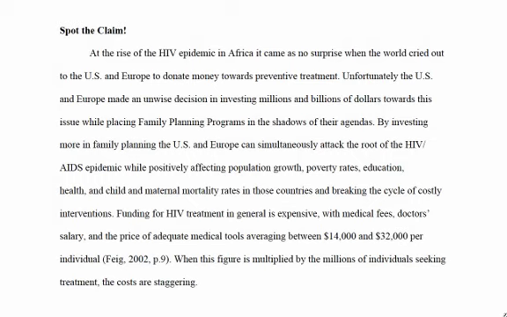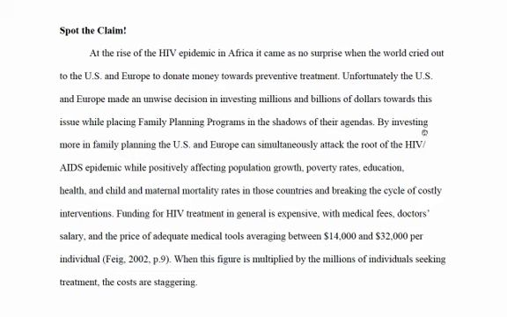So here's a paragraph that starts off with some definition, sort of what's the topic, who are the players: HIV in Africa, US, Europe. Then we get a position right off the bat in the next sentence. These countries made an unwise decision. Could this be our claim?